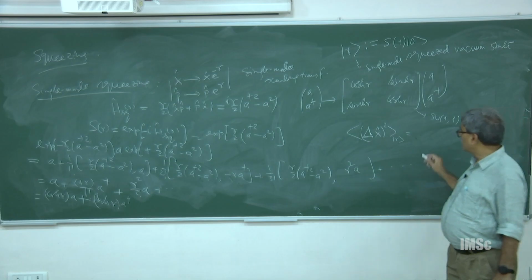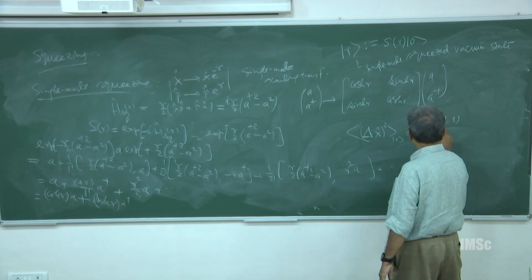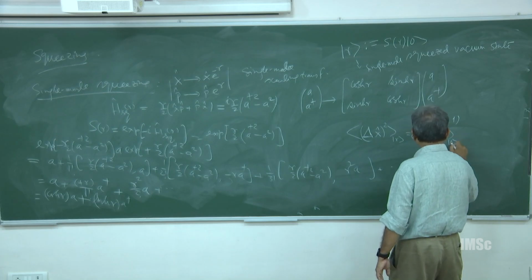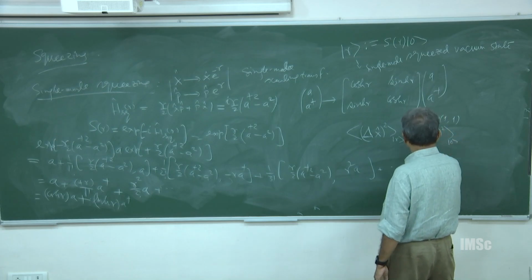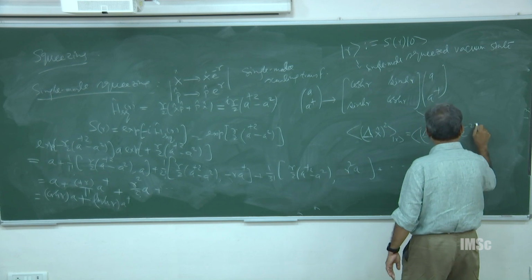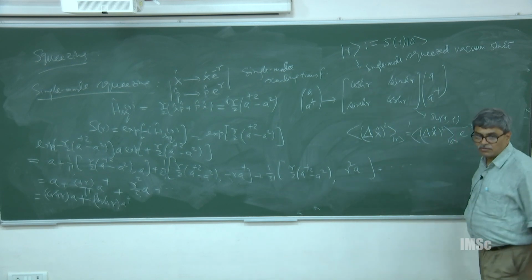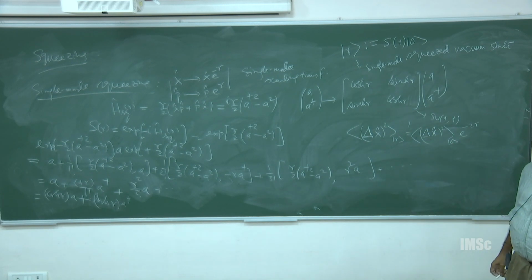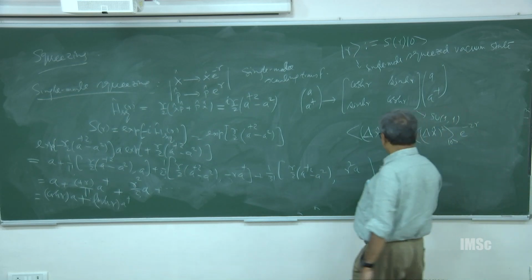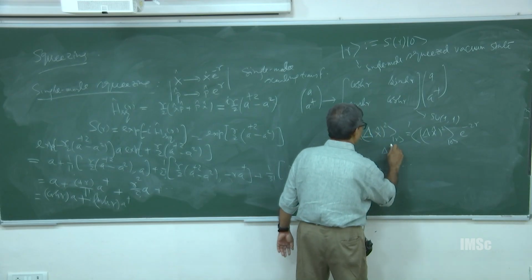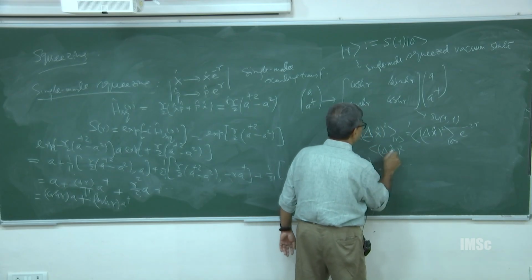So, this will be delta x square with respect to the vacuum state times e to the power minus twice r. I guess so. This you can check. Vacuum state saturates the uncertainty bound. Yes.